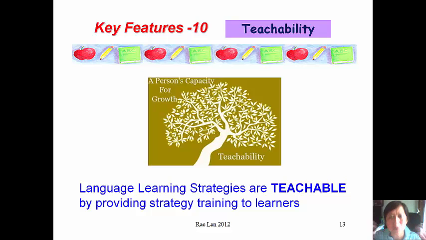But by raising your awareness, and then by conducting strategy training, we would like to provide you opportunities to try to use the strategies that you really use, or we can help the low achieving students who are poor language learners. If we teach them strategies, we believe that this will help them become more efficient learners. And that's why we believe that the number 10 feature for language learning strategies is that learning strategies are teachable.